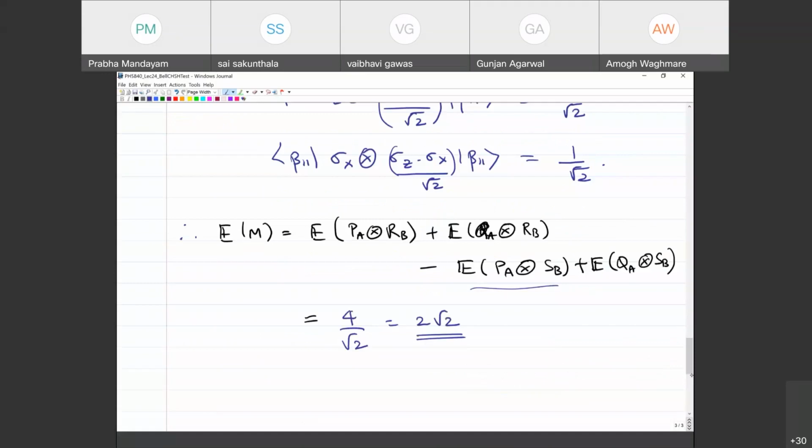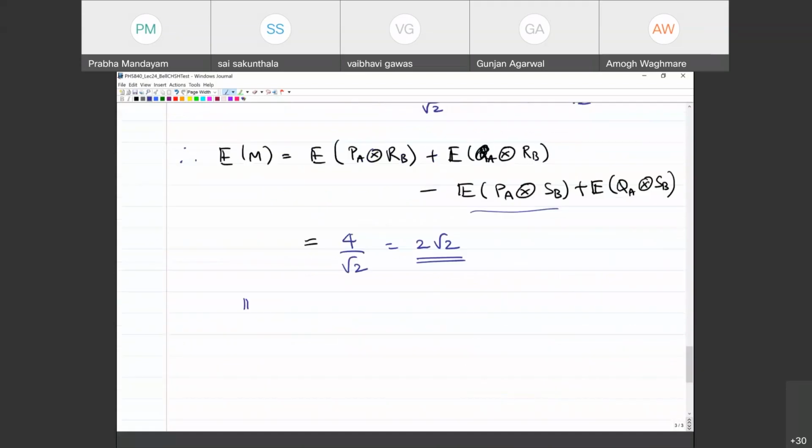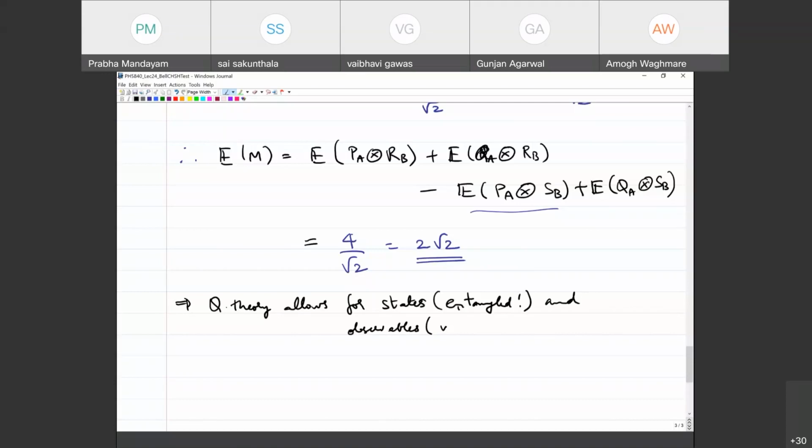So the fact that we have identified states and observables, the bottom line is that quantum theory allows for states, namely these kind of entangled states, and observables, in particular non-commuting observables.